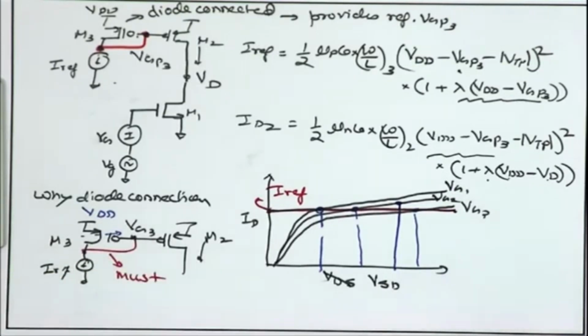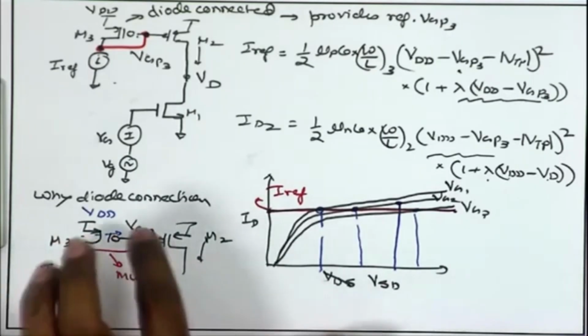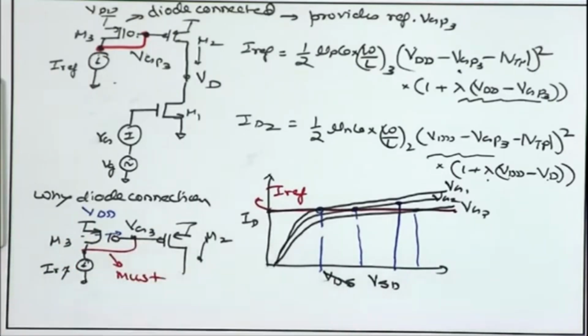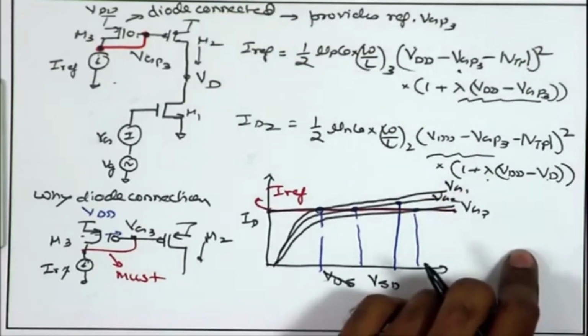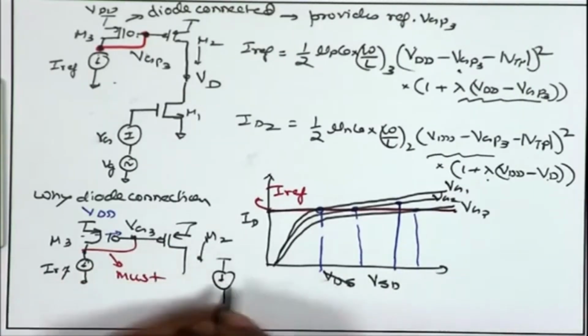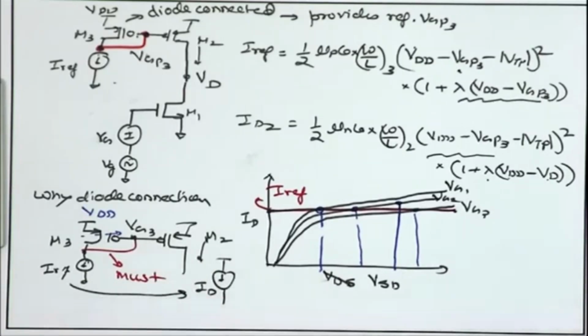Now, another question that generally comes up: what happens if you have a diode connection for M2? Does the current mirror operation still remain? Once again, if you look at the current mirror's behavior, we are trying to implement an ideal current source. The M2 is supposed to mimic the behavior of an ideal current source, which is copying IREF.